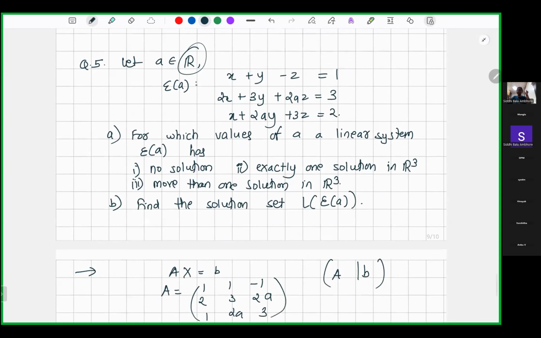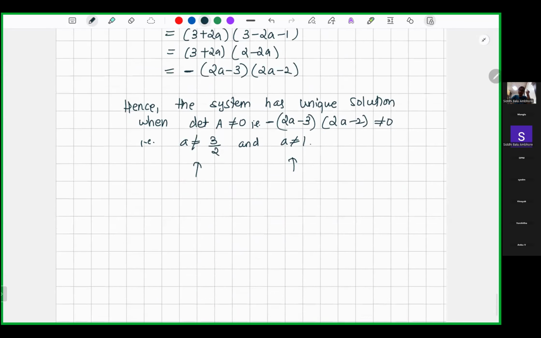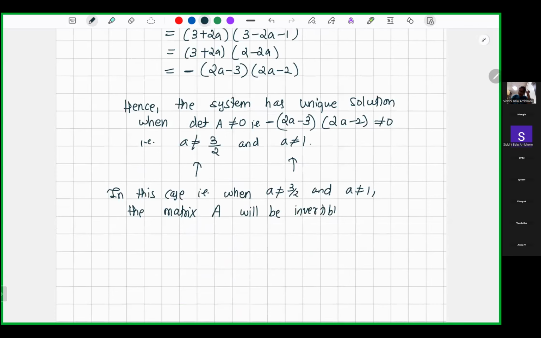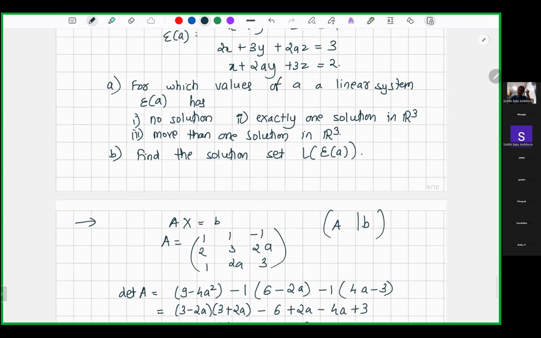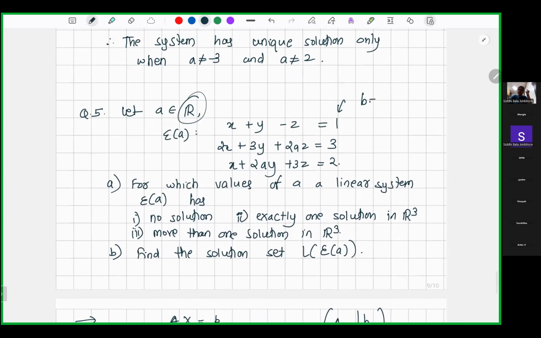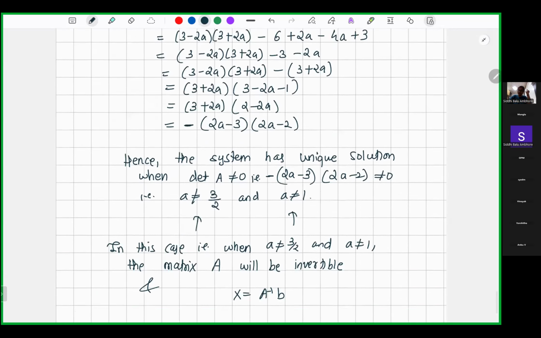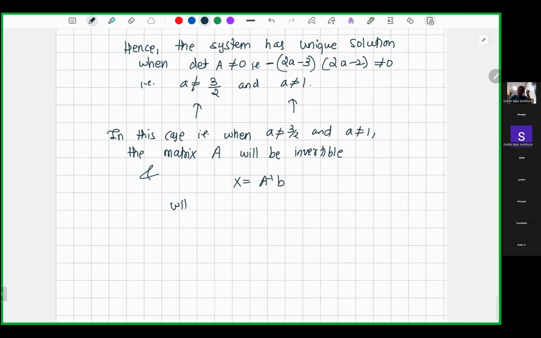So in this case, that is when a is not equal to 3 by 2 and a is not equal to 1, the matrix A will be invertible, and this X is equal to A inverse B. This B here, this is my B, 1, 3, 2, will give us the unique solution.